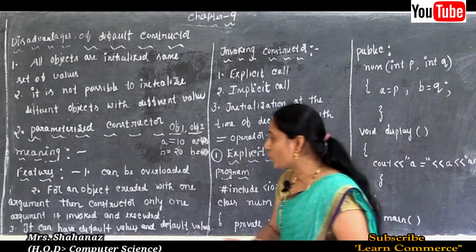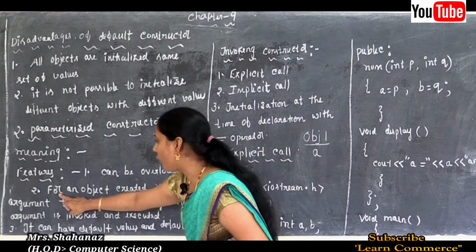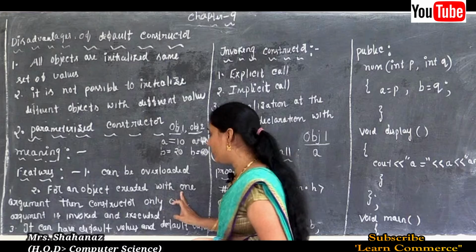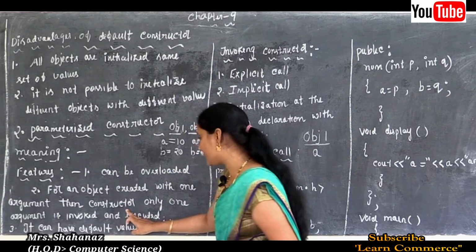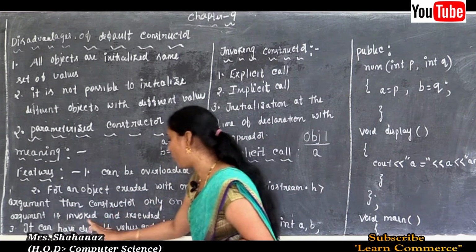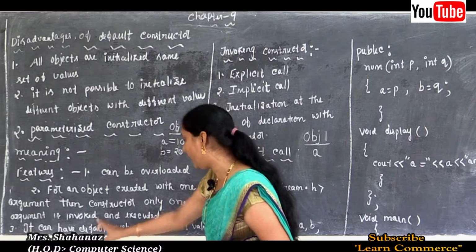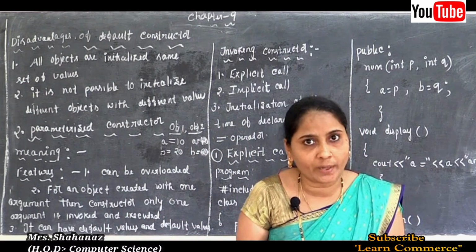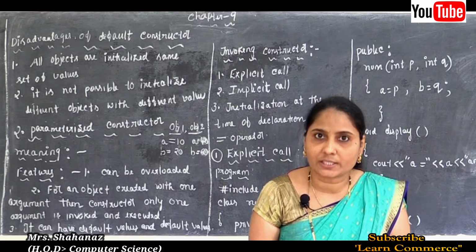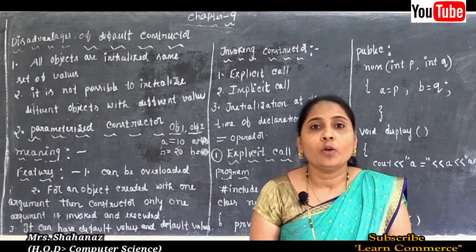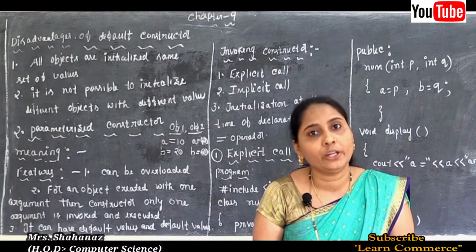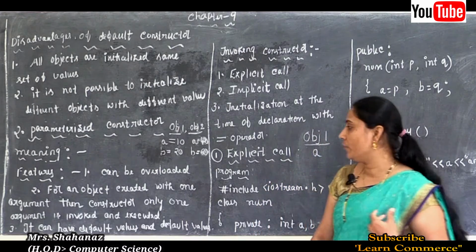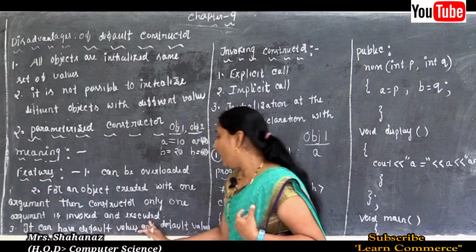So for an object created with one argument, the constructor with only one argument is called, that is, invoked and executed. That means if any object contains one argument, then it is the duty of the constructor that has just one argument to be called and invoked. Clear this point?